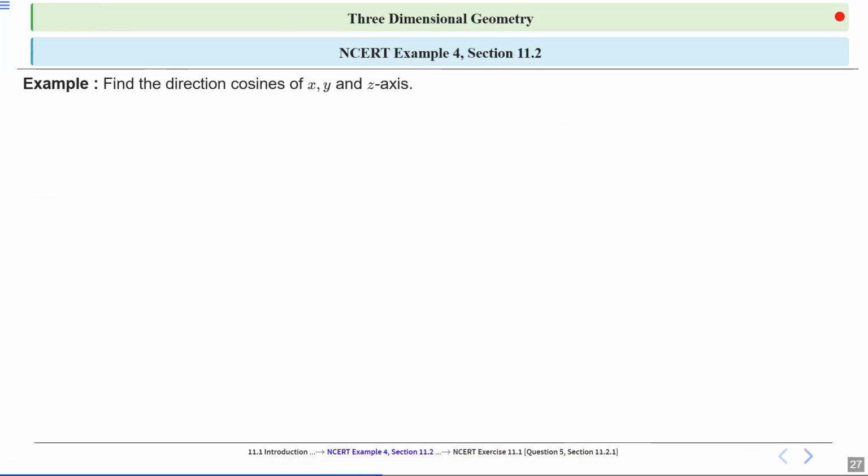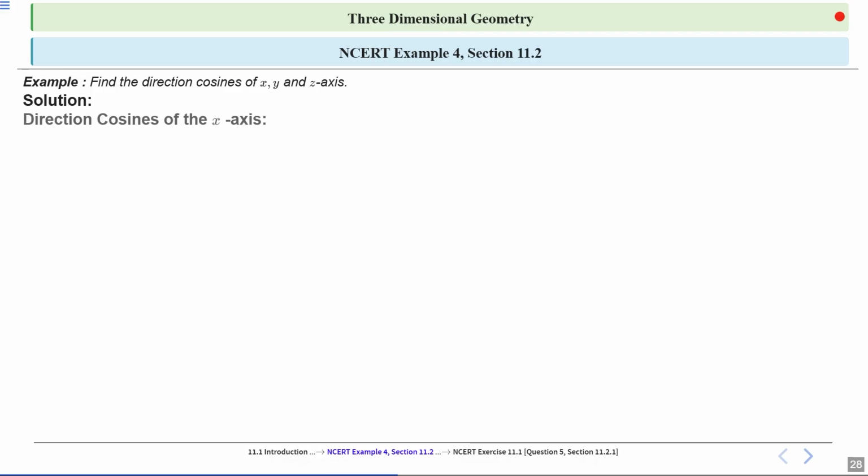Now let's look at example 4. In this example, we have to find the direction cosines of x, y and z axis. So let's see the solution of this example step by step.